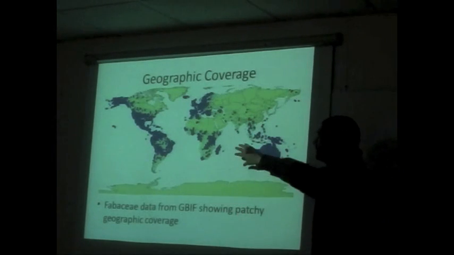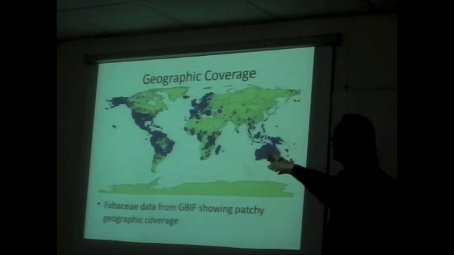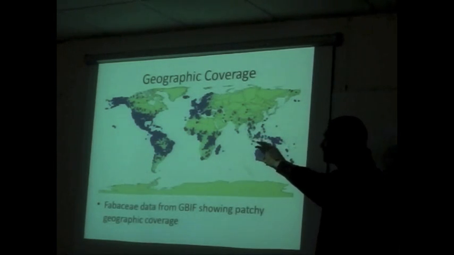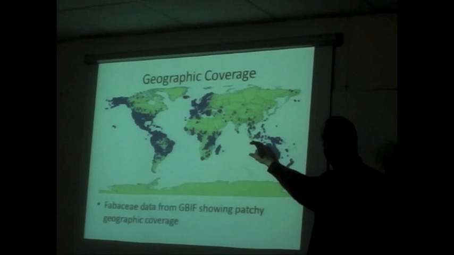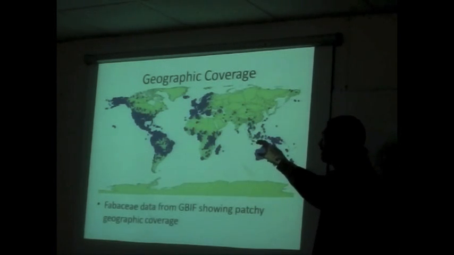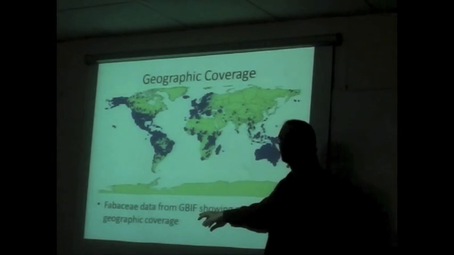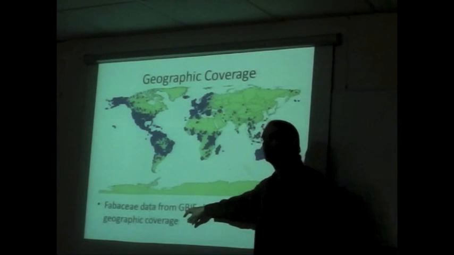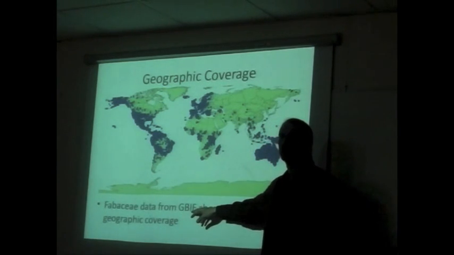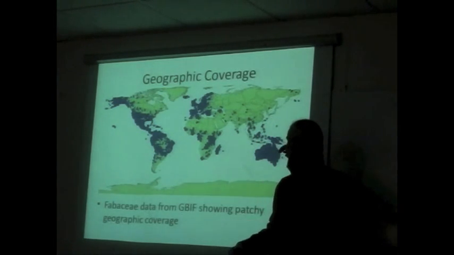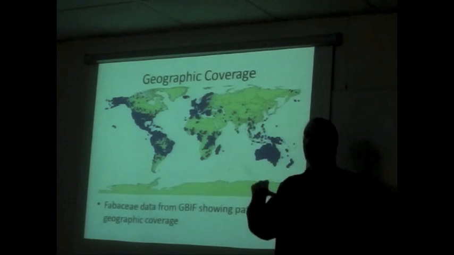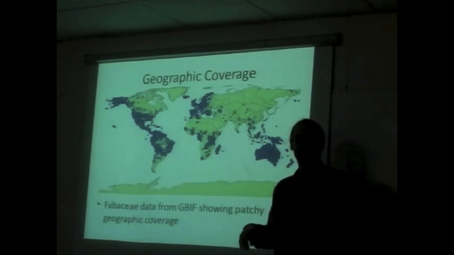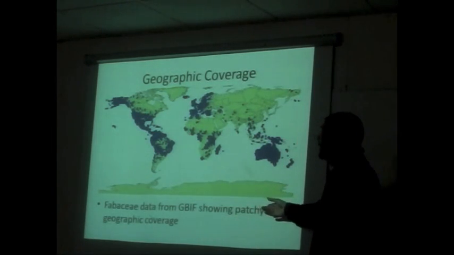Now, this comes from a study on assessing the geographic data quality of records from the Global Biodiversity Information Facility. Are we aware of GBIF? This is a sort of consortium that is a data portal to many, many different museum catalogues.